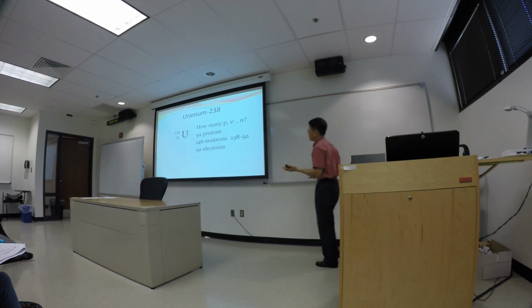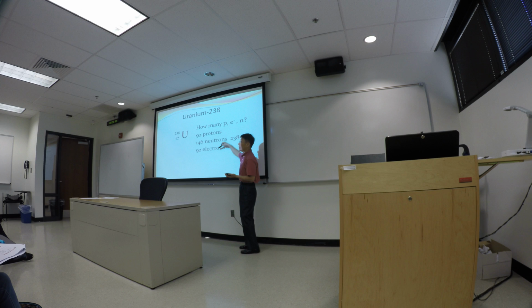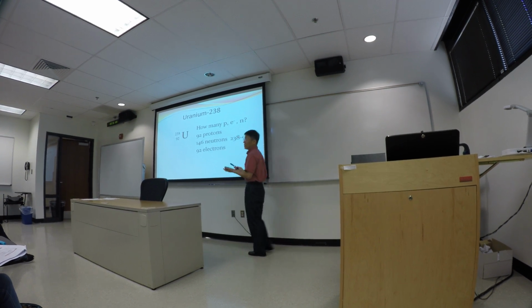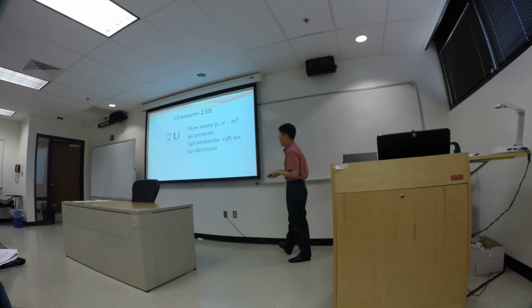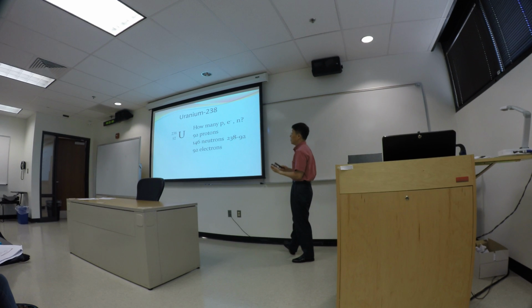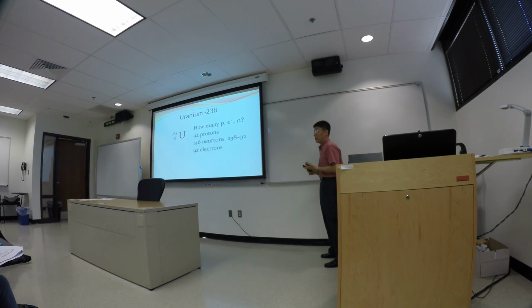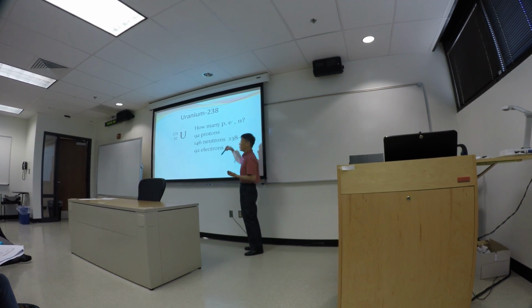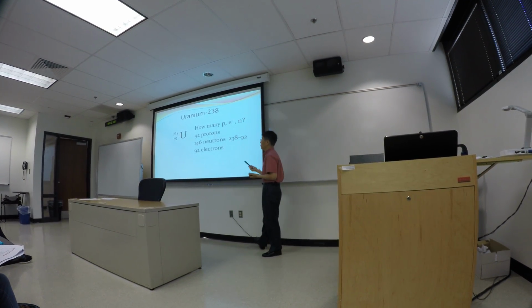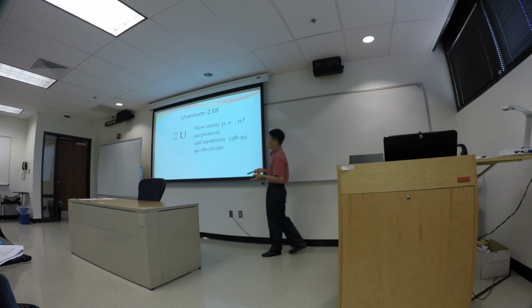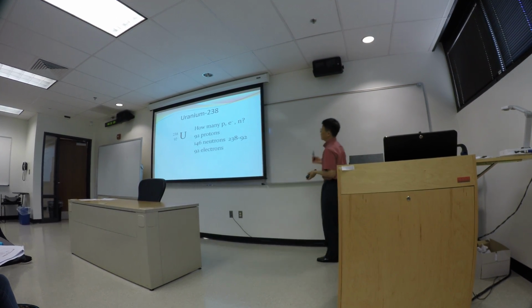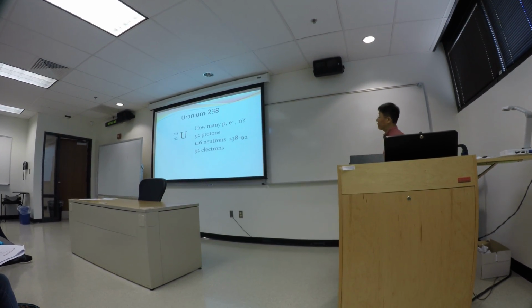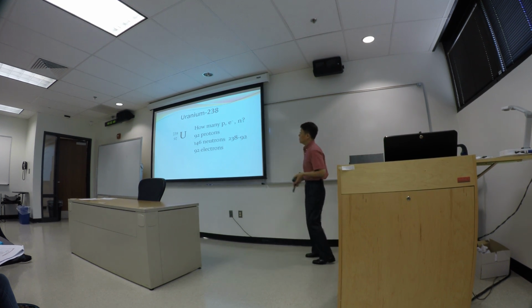Well, in order to understand the behavior of atoms and molecules there, you have to know the basic components of those atoms and molecules. You have to know how many protons are in there, how many electrons are in there. And more often than not, the number of electrons and number of protons will determine the chemical property of that particular element there. So this is something that we need you to be able to do, and there are plenty of exercises in the homework assignment in chapter 2 there. So pay attention to these things.